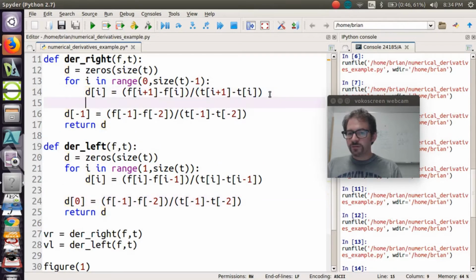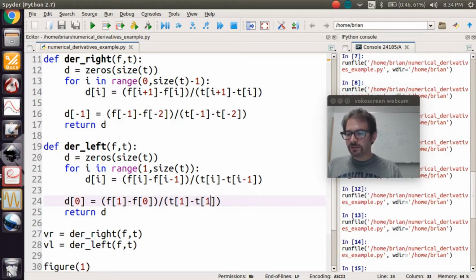Once we get out of that level of indentation, here's 1 indent, here's 2 indents, once we're out of that level of indent, that is going to be outside the loop. So for my 0th value, I'm going to take f of 1 minus f of 0 divided by t of 1 minus t of 0. So those are the two left points that give me the estimate of slope there.